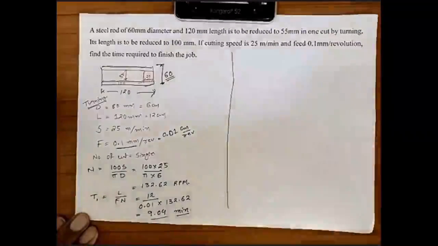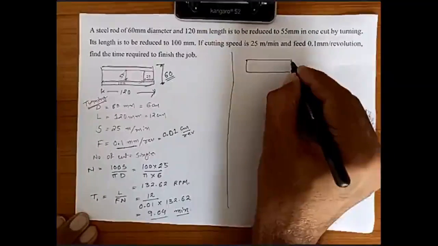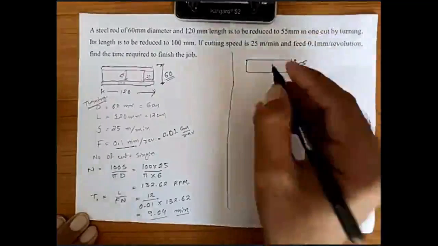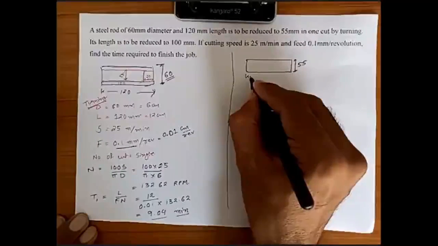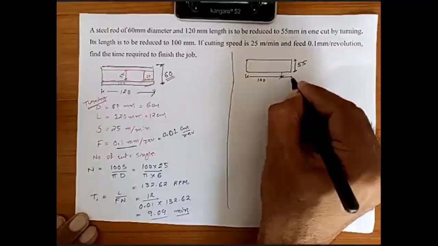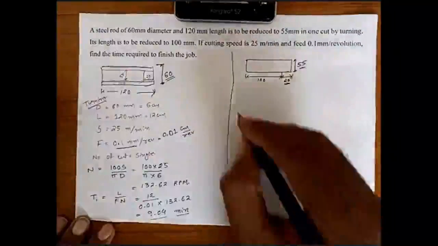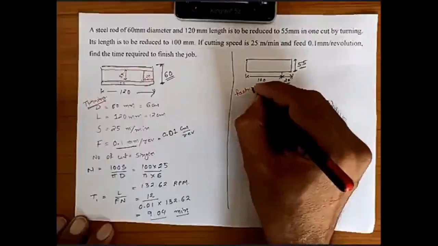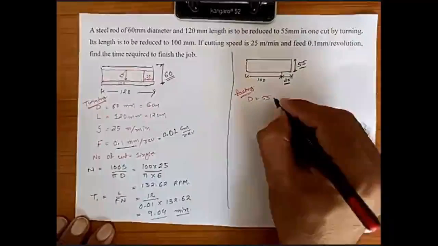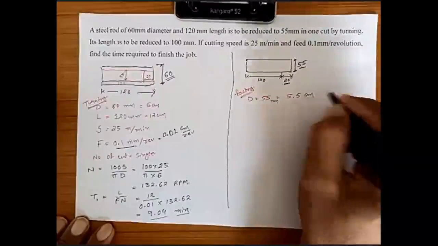Now for the facing, our figure. For the facing, diameter is 55. We required length 100, so we cut 20 mm length. So we use this length and this diameter. The D is equal to 55 mm, so 5.5 centimeter.